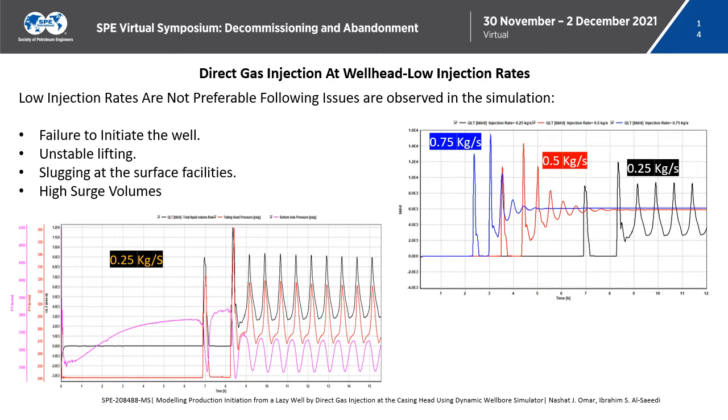For example, in this plot, the well unloads after almost 8 hours. After starting to unload, there is a clear pattern of slugging happening inside the well. Also, upon closer inspection, high surge volumes were calculated in the surface facilities, so this is something to watch out for if smaller rates are selected.